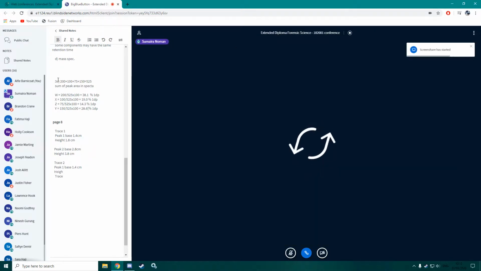Can you all see my screen? Just double checking. Right, so you can see my screen.